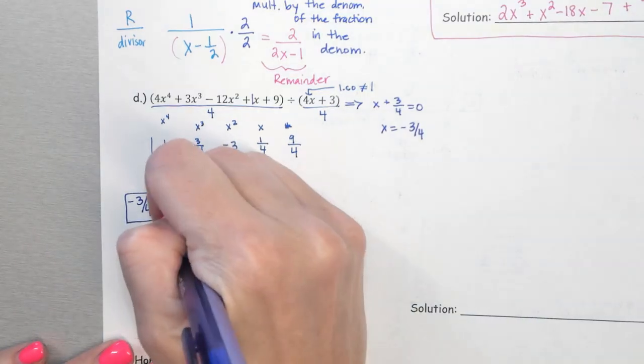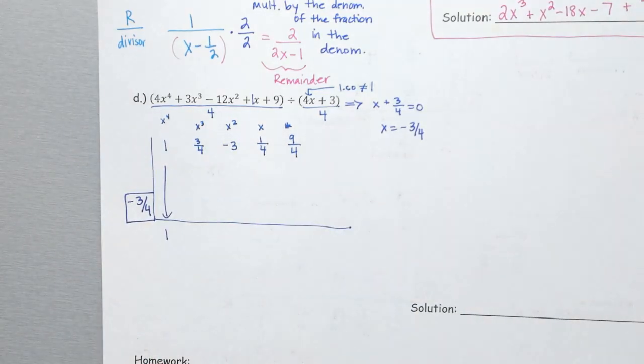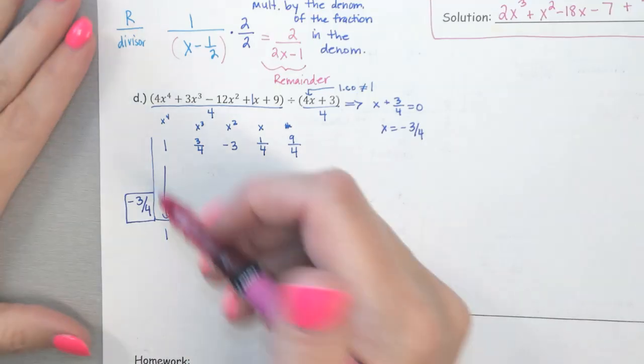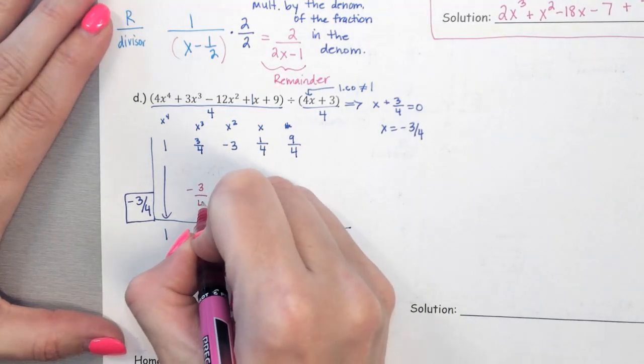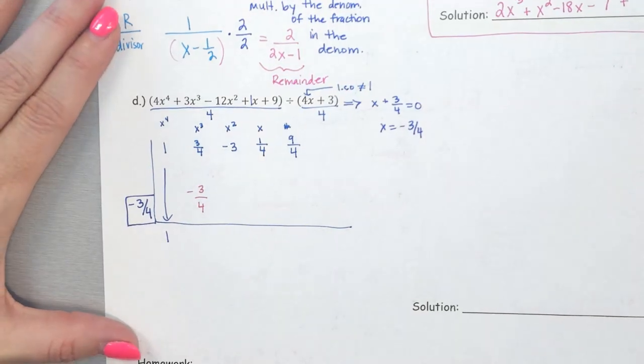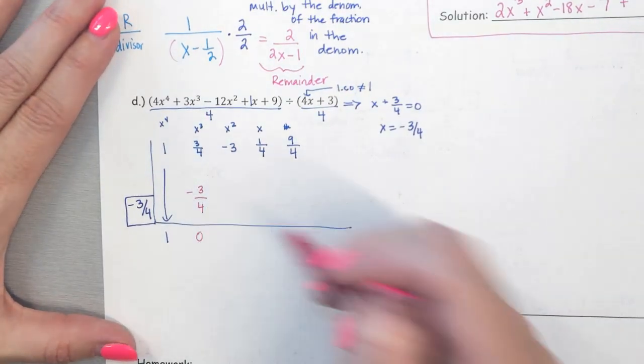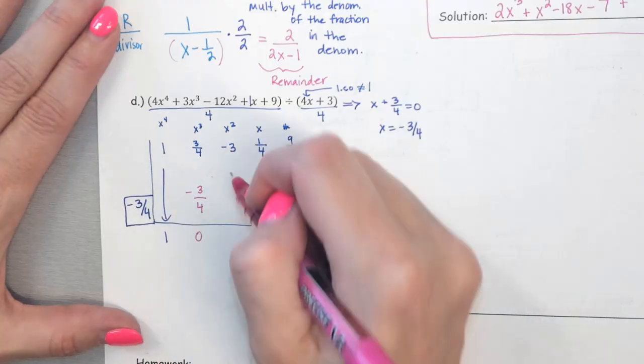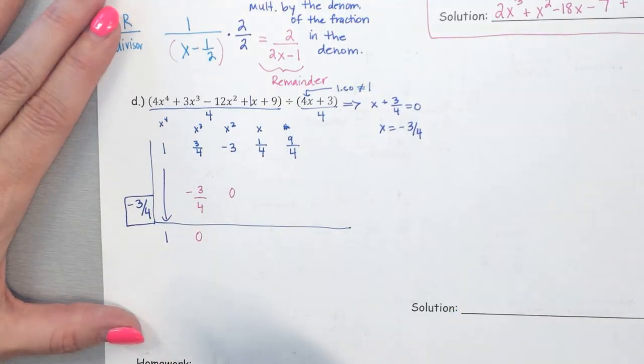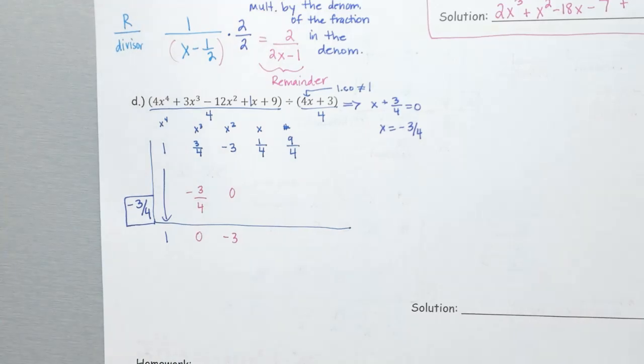Okay, so we're going to bring down the 1. So 1 times negative 3/4 is negative 3/4. So what happened here? 0. Yay. Because 0 times anything is 0. And then you add straight down. Now remember, when you are multiplying fractions, does the negative 3 get multiplied by the numerator, denominator, or both?